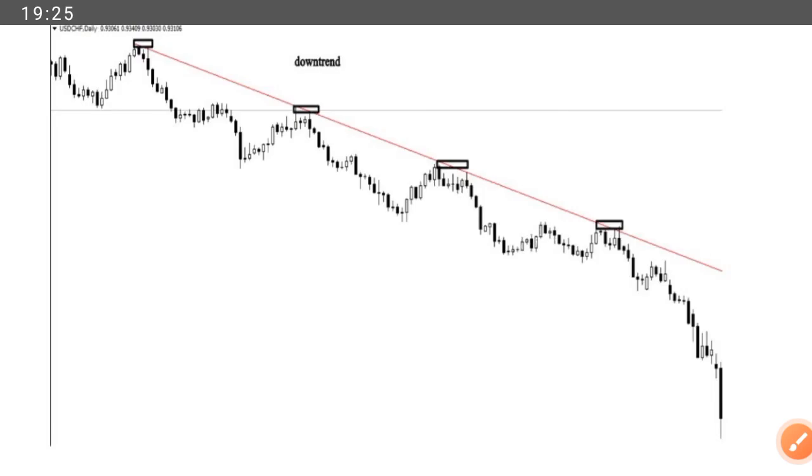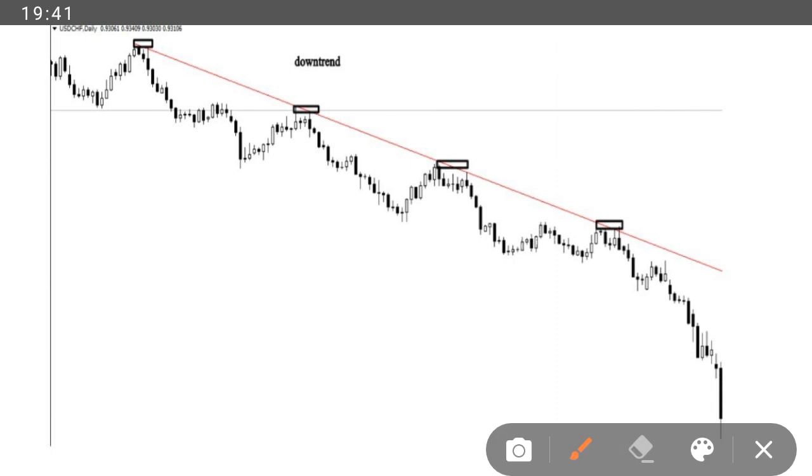Now look at this. You can see that the line is drawn at the swing point. At least 2. It can be 3. Look at this. There's a reversal here. So you draw it from there to here. Here you can see that it's following that line. That's the upper line.